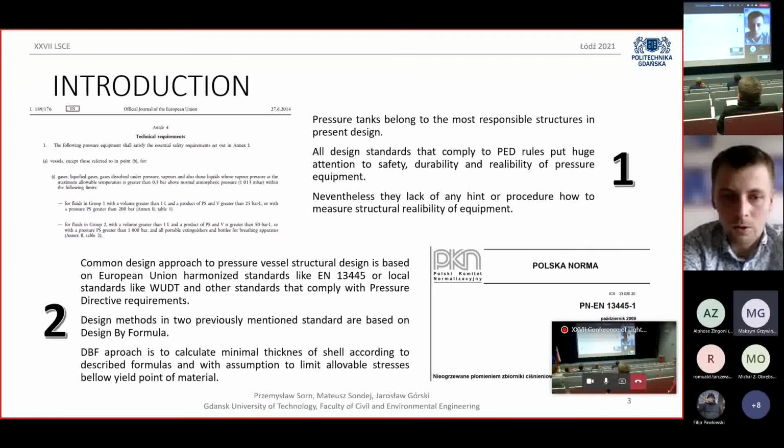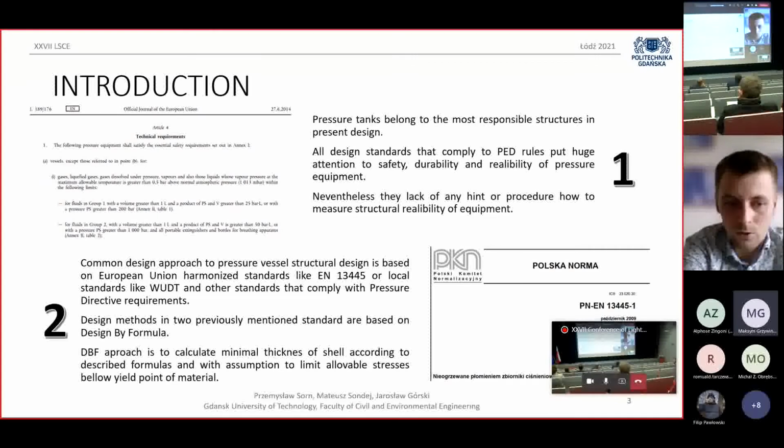To comply with the directive, you can implement the harmonized standards, like the standard shown on the picture, PN-EN 13445. It's a full set of standards. Or you can also use local standards like WDT or ASME standards, for example.